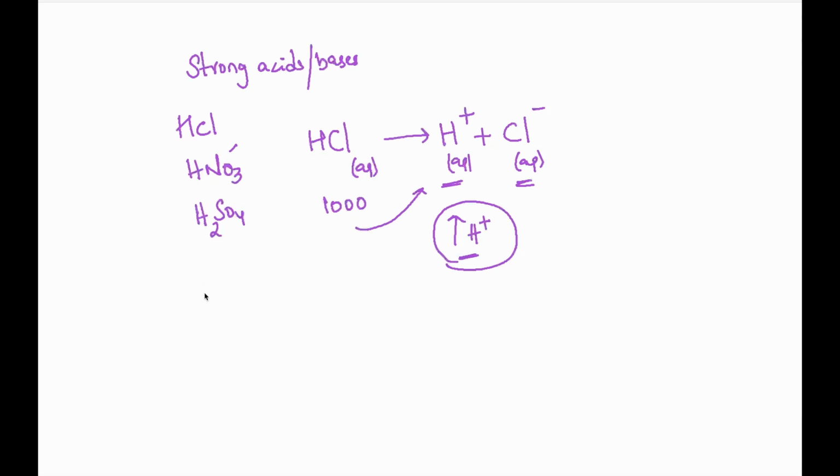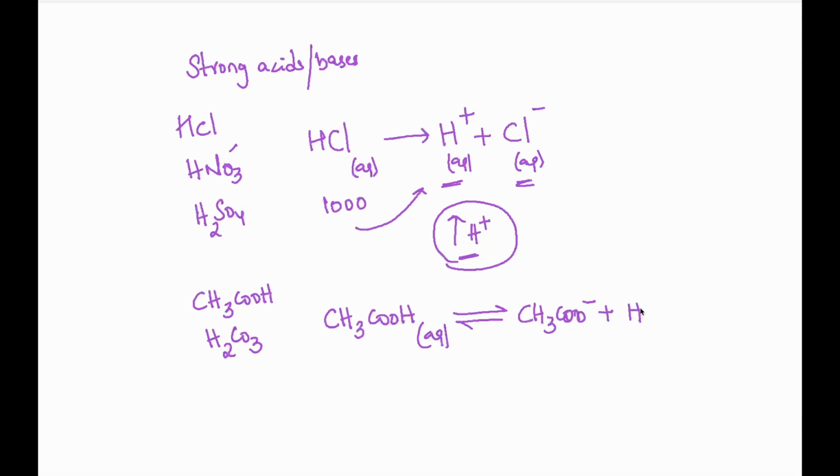Okay. Similarly, acetic acid, formic acid, and carbonic acid are examples of weak acids. So when acetic acid is put in an aqueous solution, now this is important because it is a reversible reaction. So acetic acid can dissociate to form acetate ion plus H+.